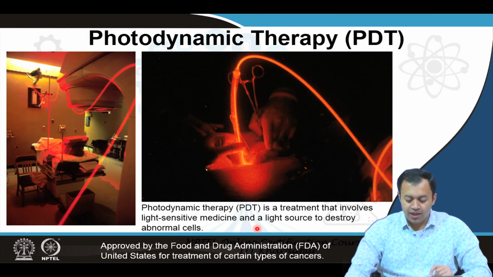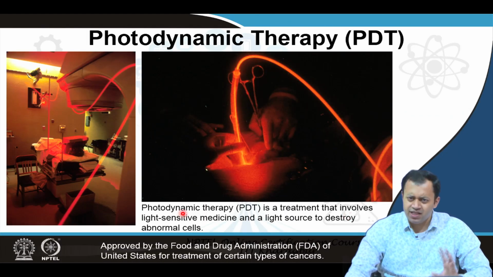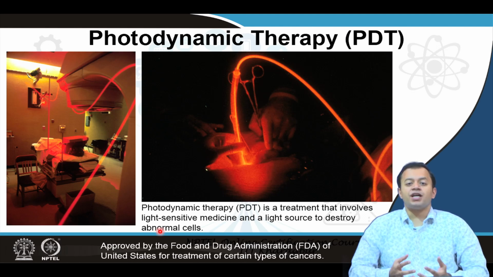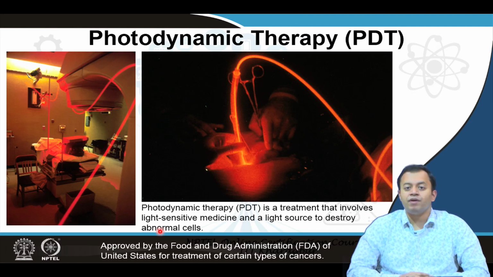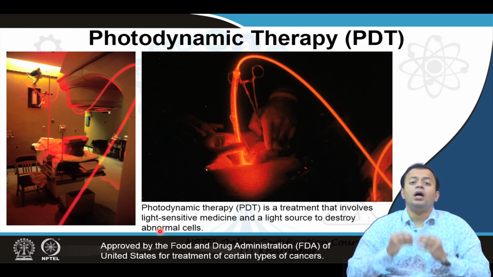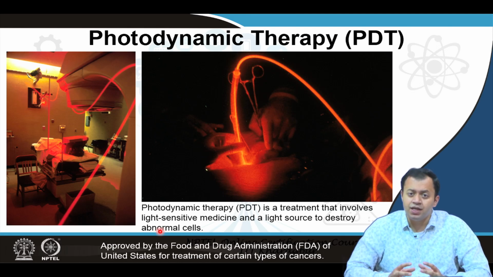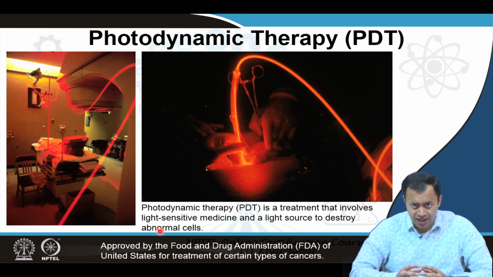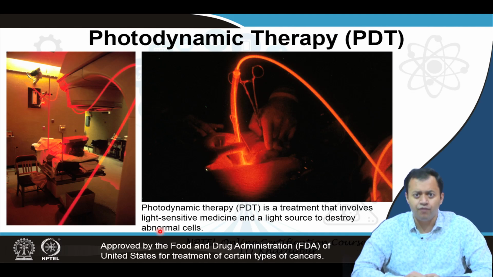Photodynamic therapy, PDT, is a treatment that involves light sensitive medicine and a light source to destroy abnormal cells. Okay? You produce or inject into the body some sort of a medicine that is sensitive to light. You excite that specific medicine with light, with a specific bunch of photons, with specific wavelength, with specific energy of photon.